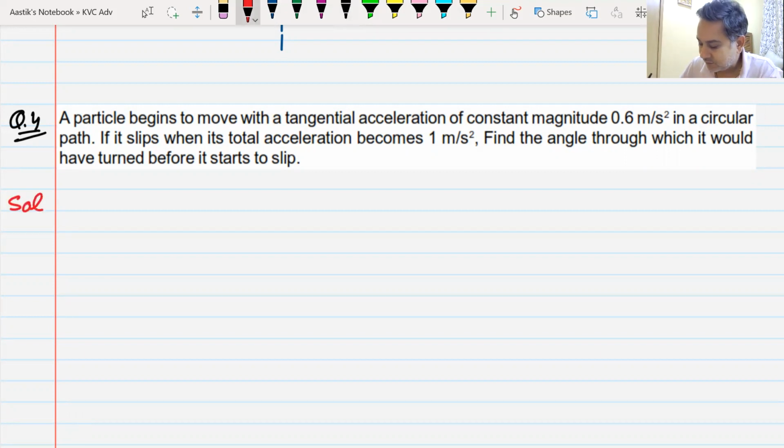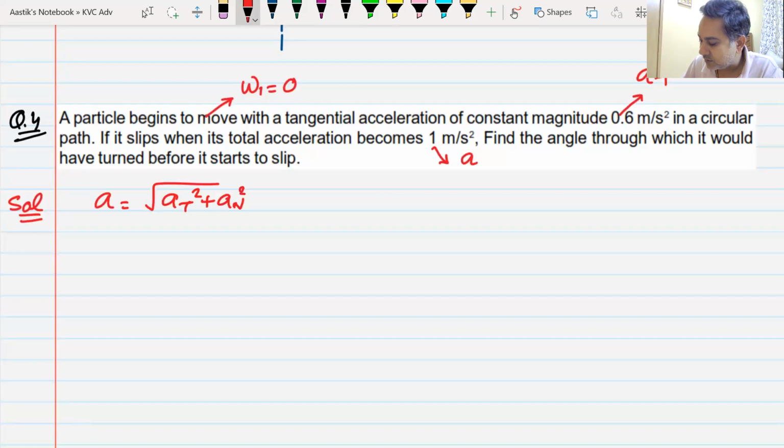Okay. It is simple. It starts to move, so its initial angular velocity is 0. Tangential acceleration is given. Total acceleration is given. So, total acceleration A is under root of AT square plus AN square.